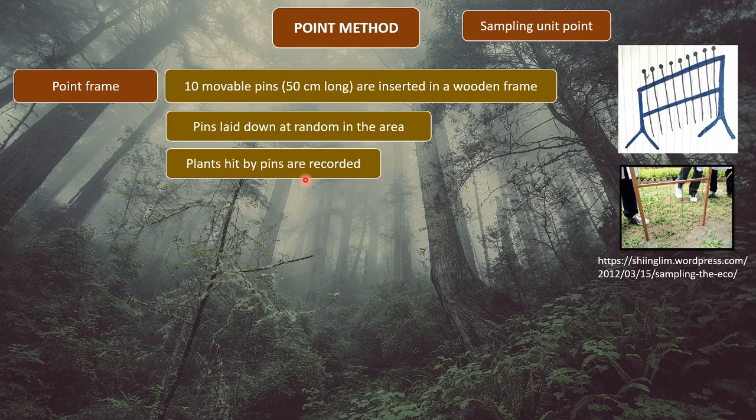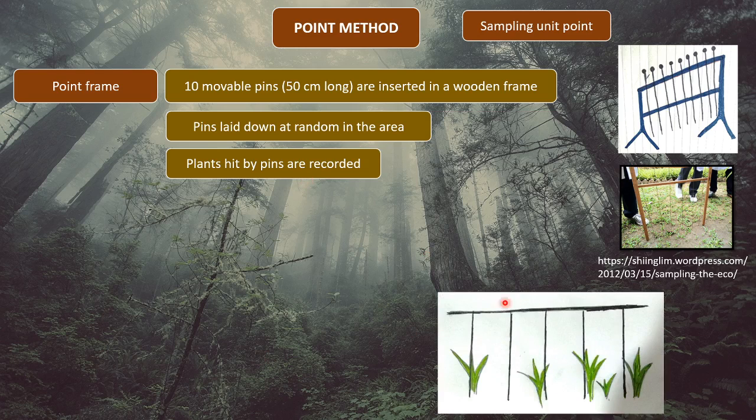Now see, this is important. How plants are recorded in point method? So this is for example a point frame, right? And the pin is hitting one plant. So for example, this pin has hit this plant, then this plant is counted. So when a pin hits whatever plant, that plant is calculated.